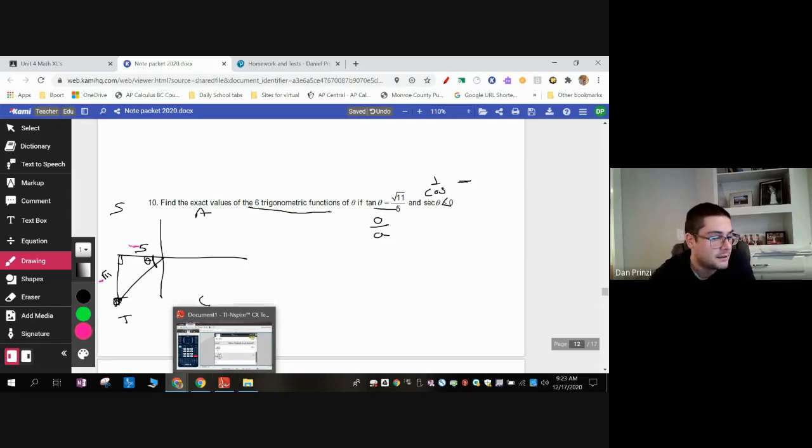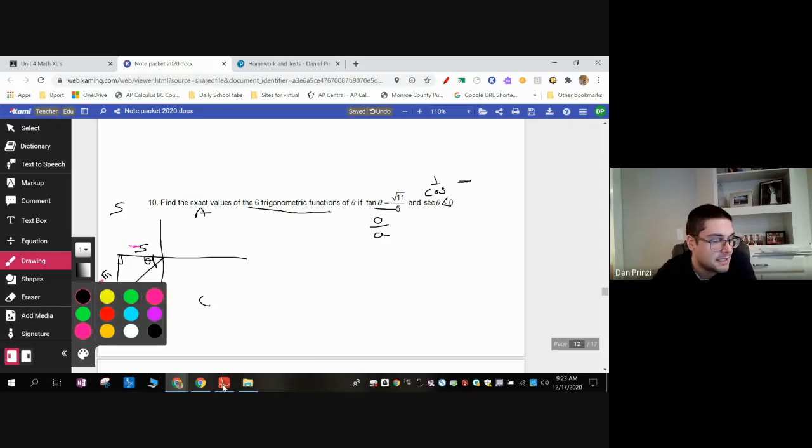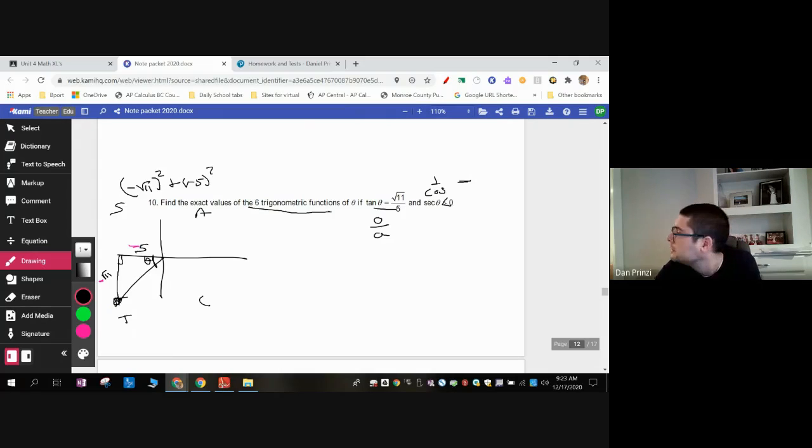Now you do Pythagorean theorem. Negative radical 11 squared plus negative 5 squared equals c squared.